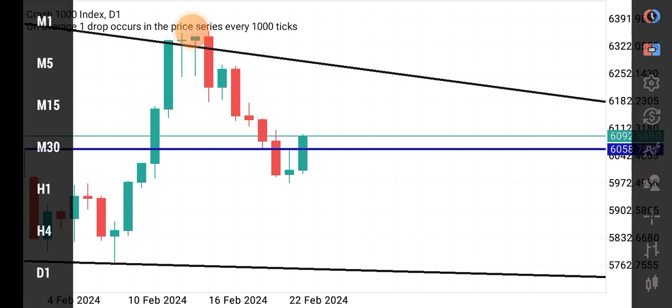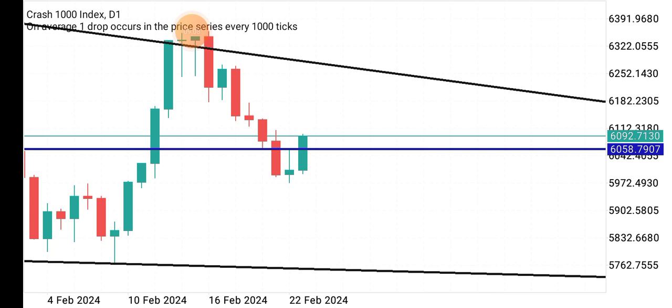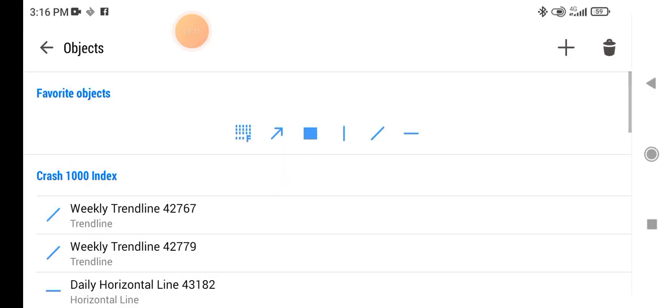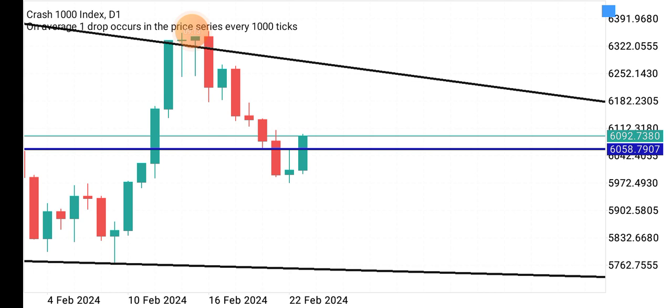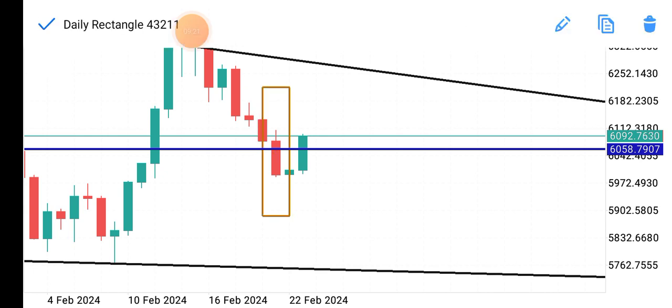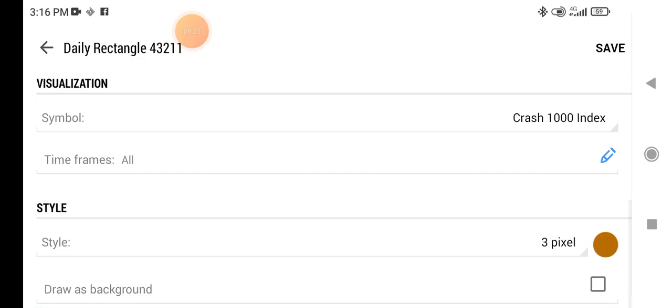Now let's go to the 15 minutes time frame, guys. Take note of this particular spot here. I think I should use something to mark out this area, like something like this. Let me get a lighter color and also fill it.